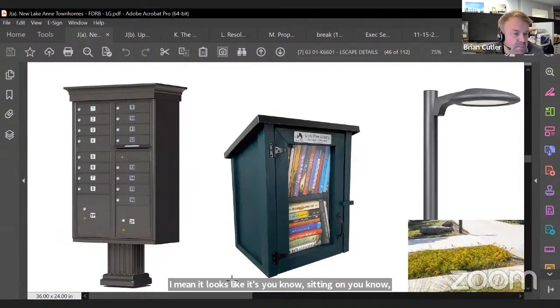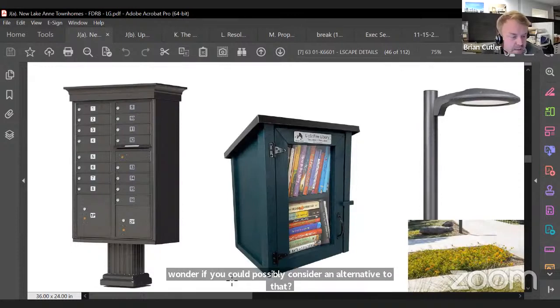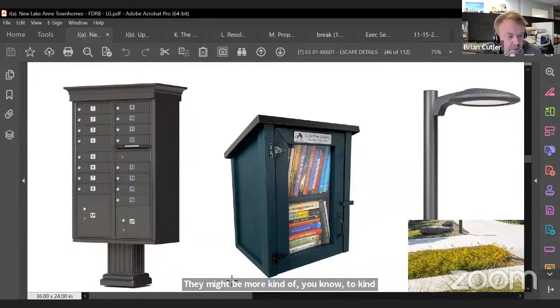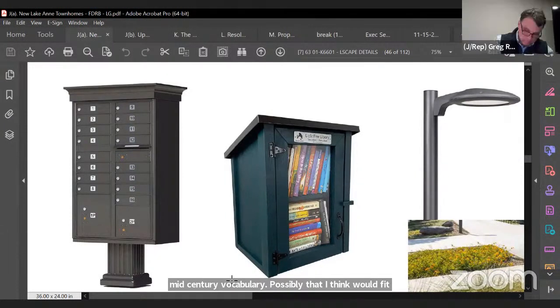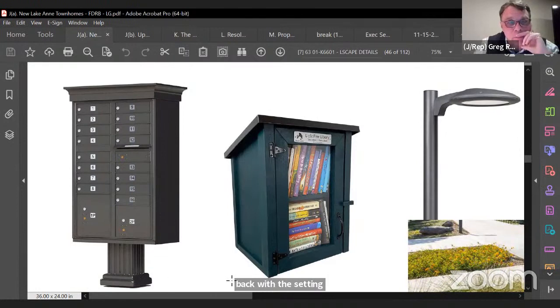I wonder if you could consider an alternative in the mid-century vocabulary that would fit better with the setting. Certainly, Brian. This is Greg from Tri-Point. Absolutely. Okay, that's fine. Joe, if you're able to chime in, maybe you could help us try and find something. Brian, we will definitely look at that.